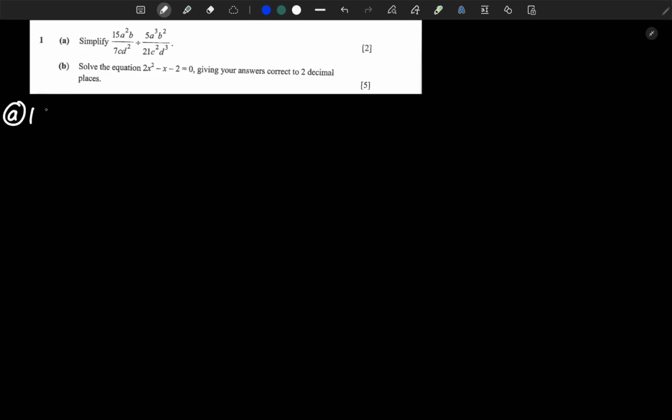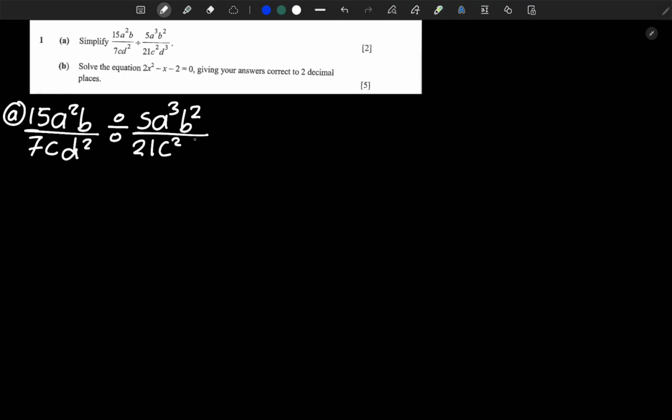So question A, I'm just going first to copy the exact question. So the operator is division. Right, so in case you are given an operator such as division, step number 1, we need to change our division into multiplication.